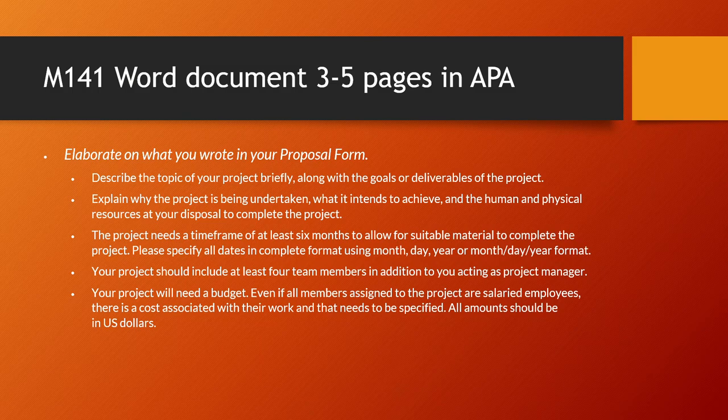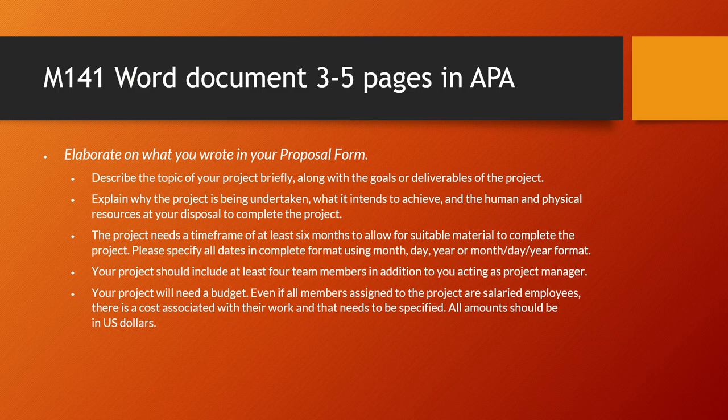You're going to go into more detail about what your project entails. What are the goals and the deliverables of the project? You can just copy and paste those deliverables into your Word document. And then you want to explain in more detail why the project is being undertaken and what it's going to achieve. We're going to try and help prevent cybersecurity attacks.